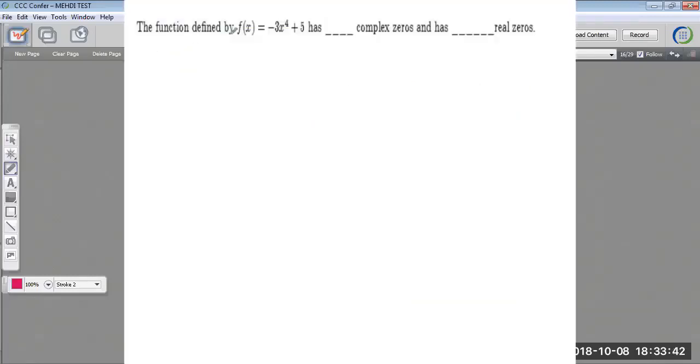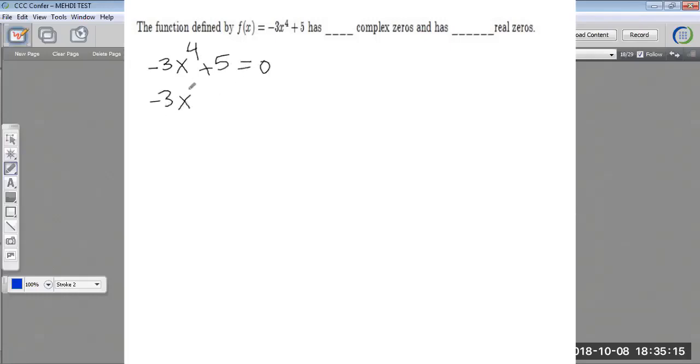The function defined by f of x equal to minus 3x to the power of 4 plus 5 has, we want to find the number of complex zeros and real zeros. Minus 3x to the power of 4 plus 5 equal to 0. Let's solve for x.